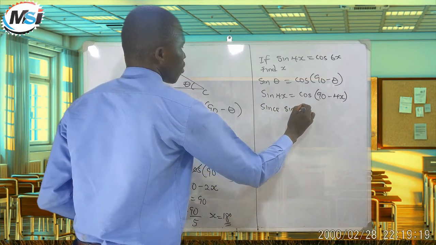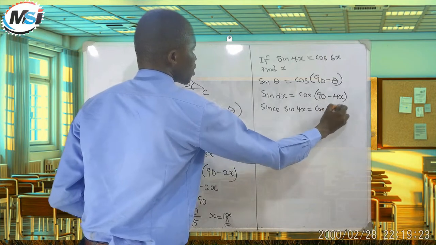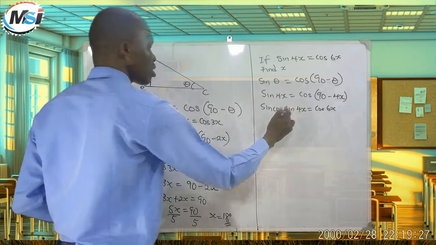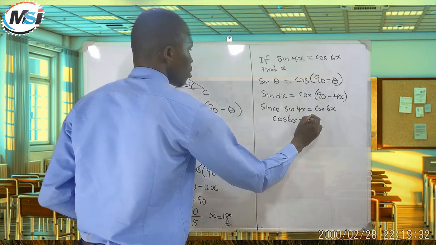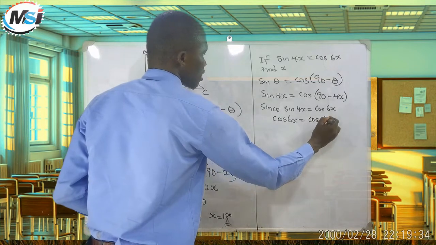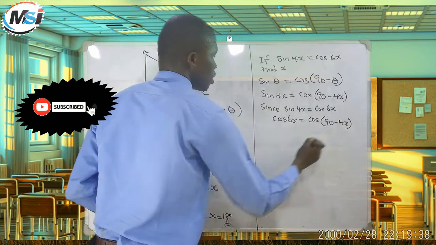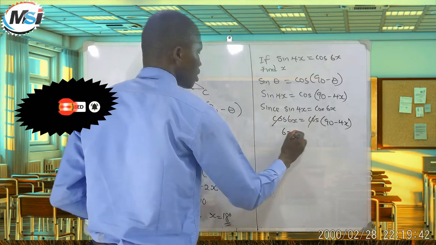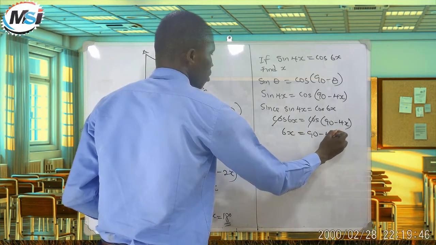So since sine 4x equals cos 6x, when you see sine 4x, you replace it with cos 6x. This will give us cos 6x equals cos bracket 90 minus 4x, right? This cos will cancel this cos. We are left with 6x equals 90 minus 4x.